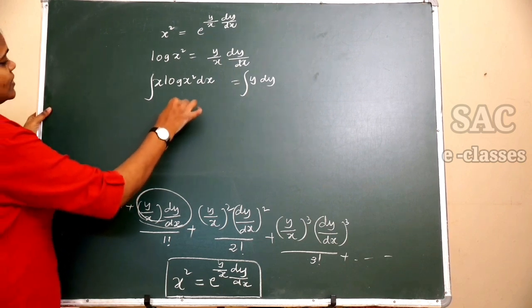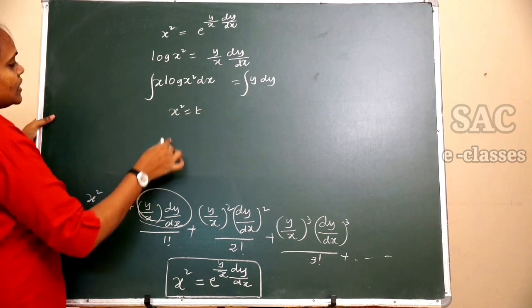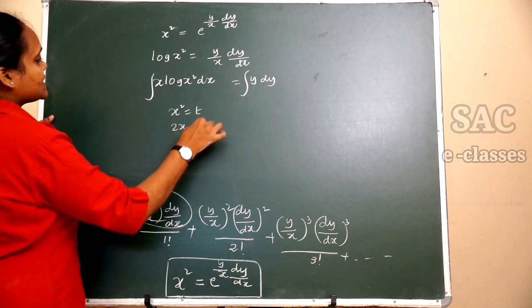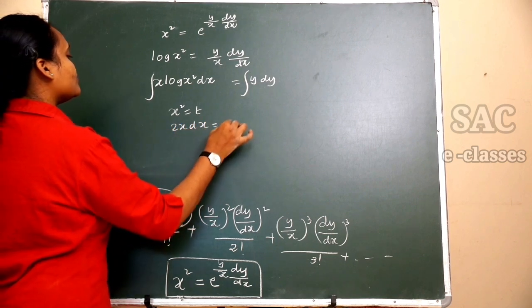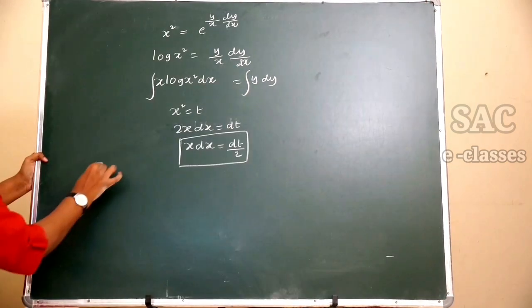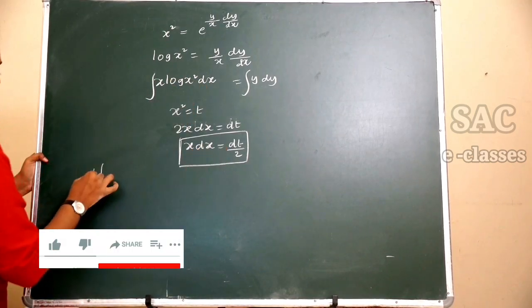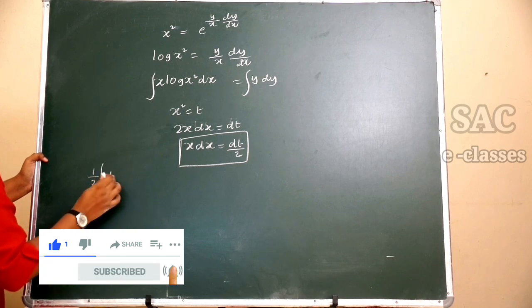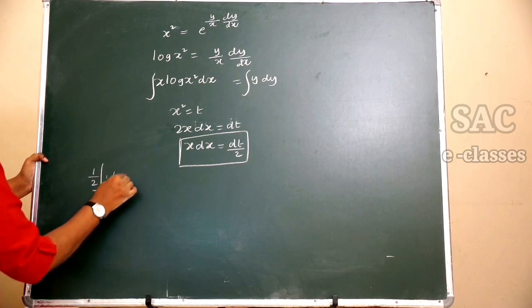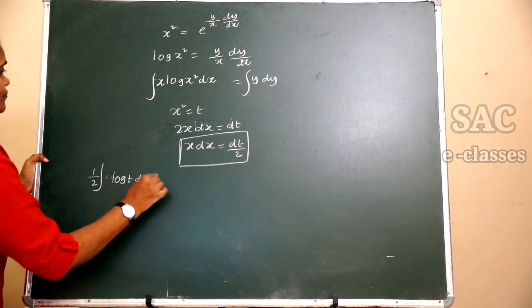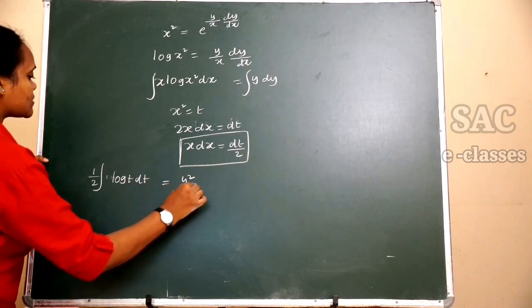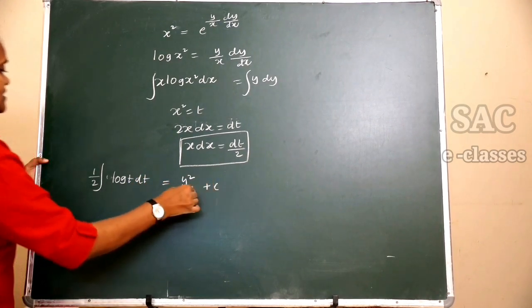For that, let me assume that x square is some t and 2x dx is equal to dt. Now you can write that x dx is dt by 2, so here 1 by 2 into log t dt, which is equal to y square by 2 plus c.